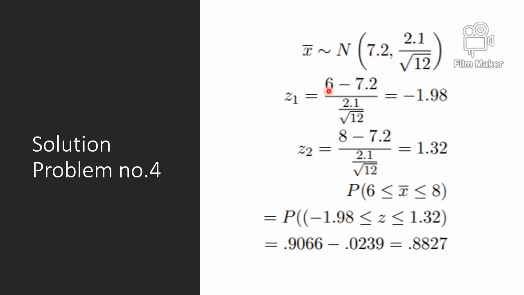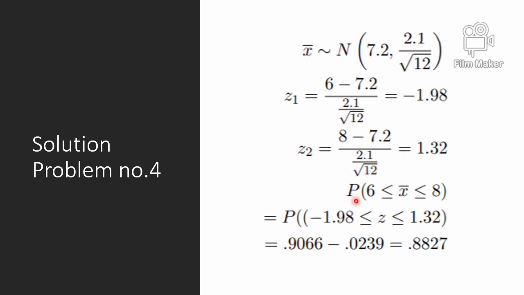We start with 6 minus 7.2 divided by 2.1 divided by the square root of 12. The answer is negative 1.98. While Z2 is 8 minus 7.2 divided by 2.1 as the standard deviation and the square root of 12 as the sample size, the answer is 1.32.